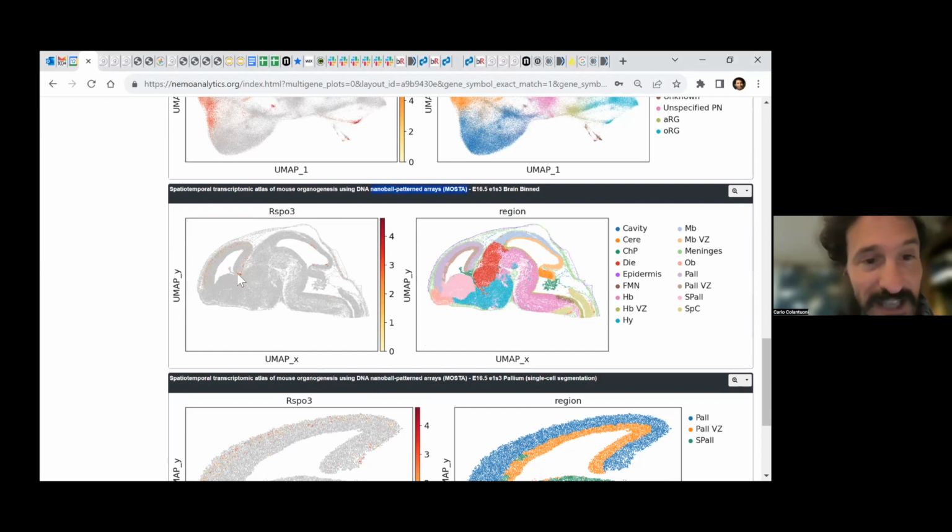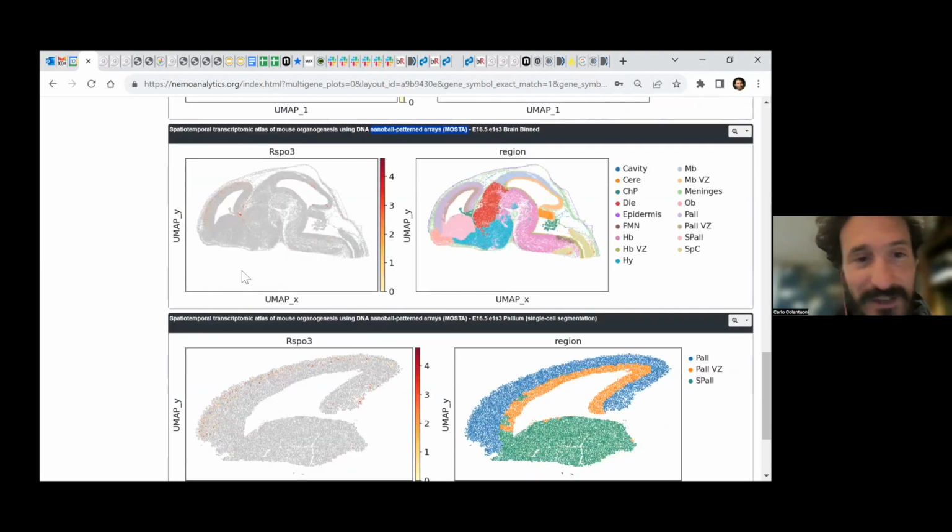But in any case, here you can see the choroid in the ventricle. Actually, this is probably the hem, and Nico, you can back me up or correct me on this, but this was the most posterior caudal part of the front end of the brain, where the hem is setting up a signal. So this is not only interesting for looking at single genes as we have been, but we can look at signatures, and I will in a moment.